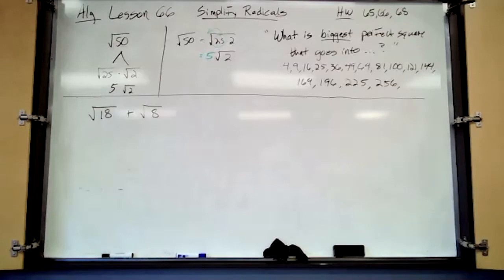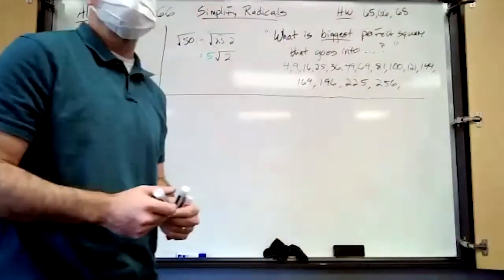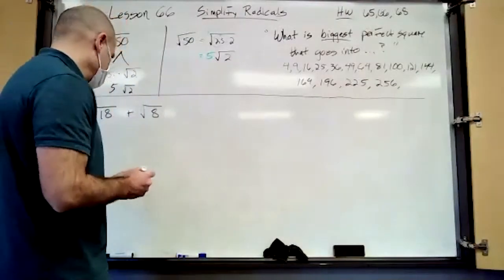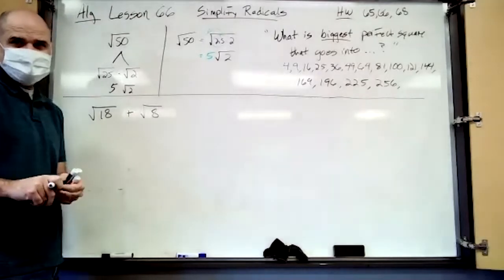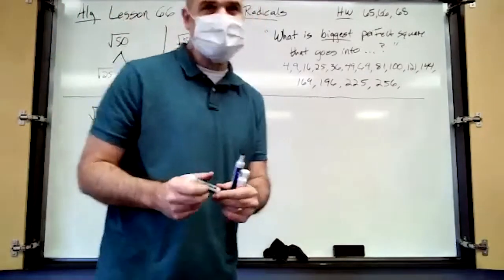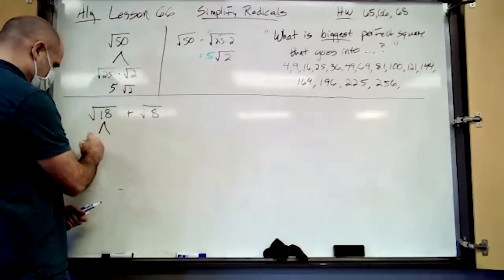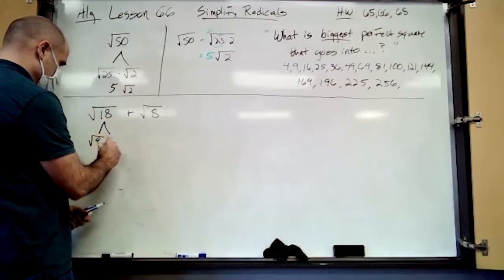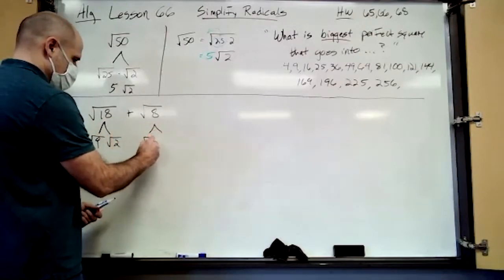Got it. All right, so let's do this together. What'd you get, Eliana? Five radical 2? Good. Okay, so Audrey, walk me through this. I'm so confused though. I know, that's why I want you to walk me through it. So for the 18, I did radical 9 times radical 2. Perfect. And then for the 8, I did radical 4 times radical 2.